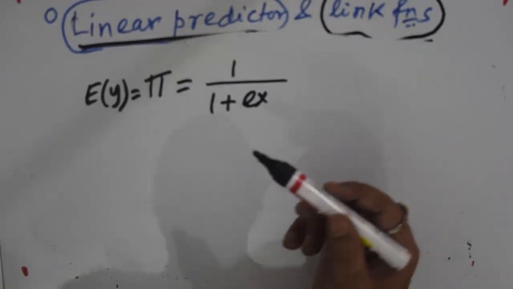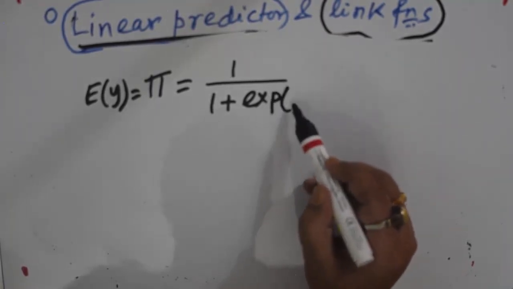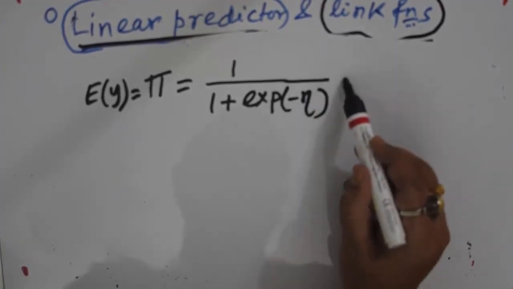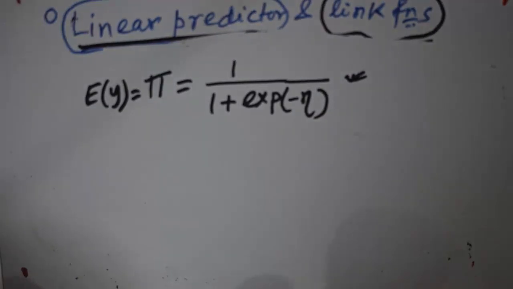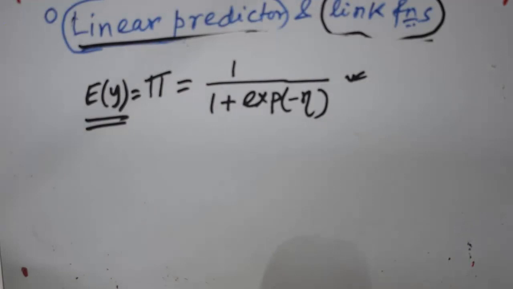So expectation of y equal to pi equal to sigmoid function. Here we mention one thing. The natural choice for expectation of y would be the CDF of a random variable.